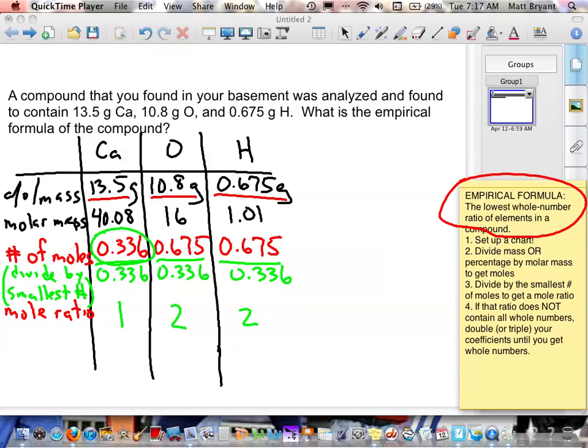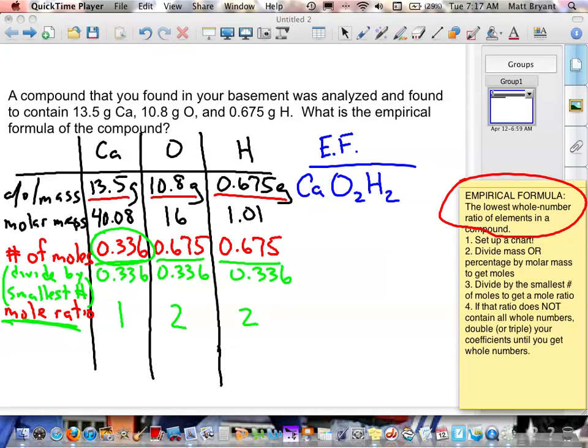So these numbers right here in the mole ratio are the coefficients, or not the coefficients, but the subscripts that we're going to put into our empirical formula. I usually like to abbreviate the empirical formula EF, and we see that we have a subscript of 1 for calcium, a subscript of 2 for oxygen, and a subscript of 2 for hydrogen.